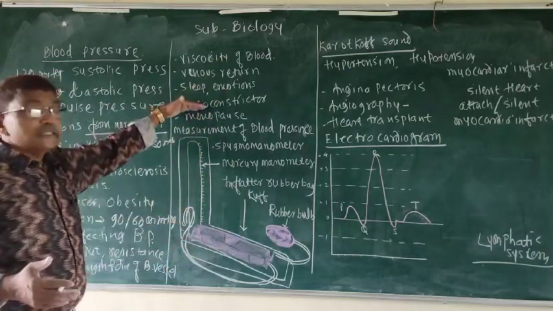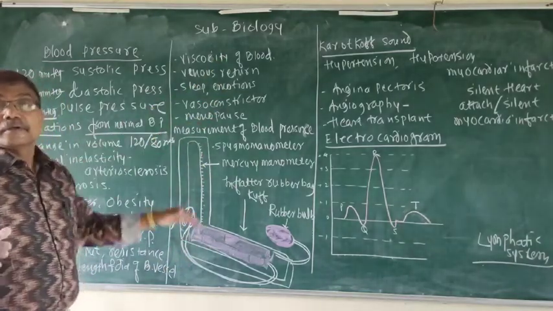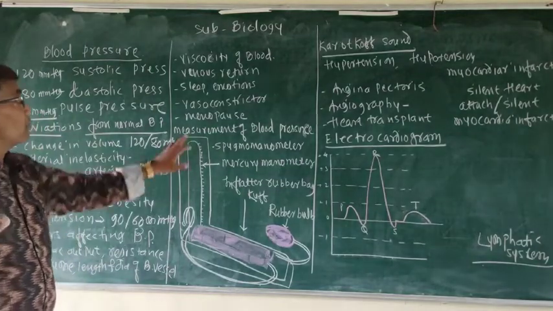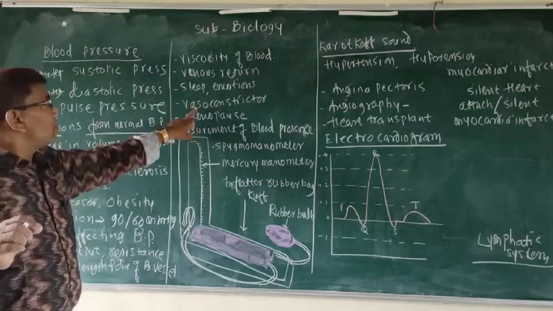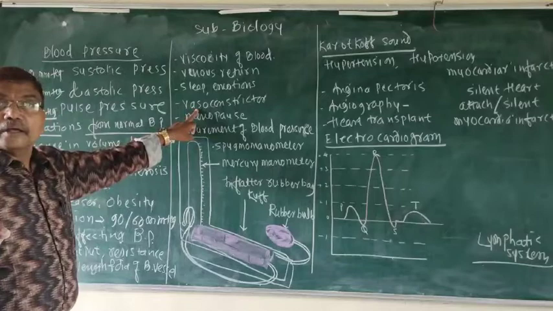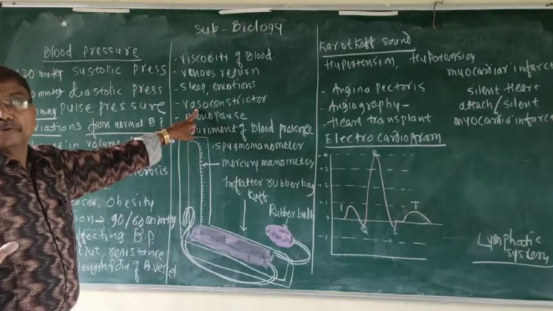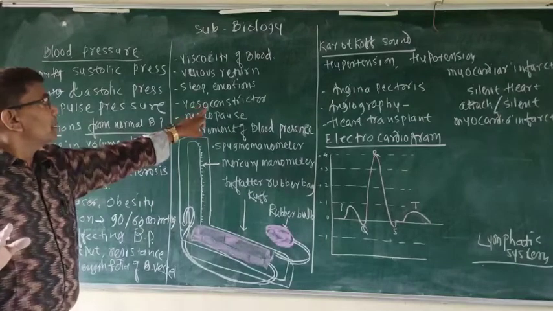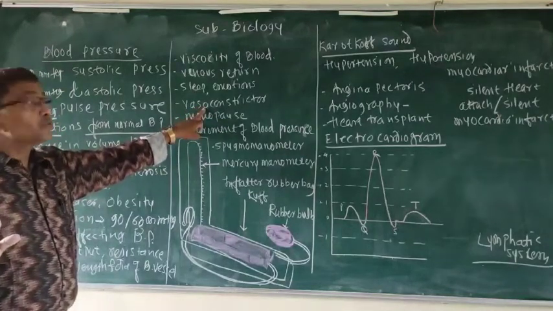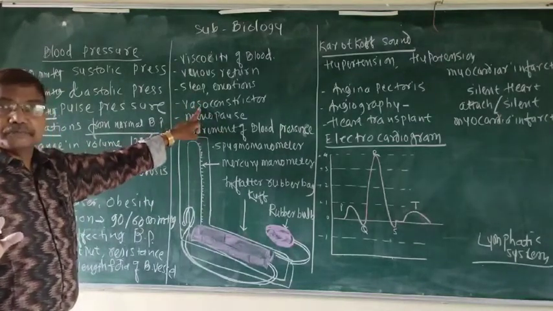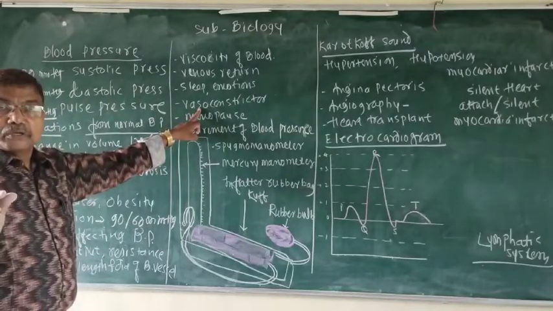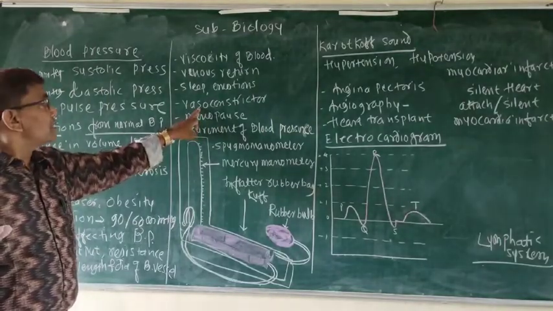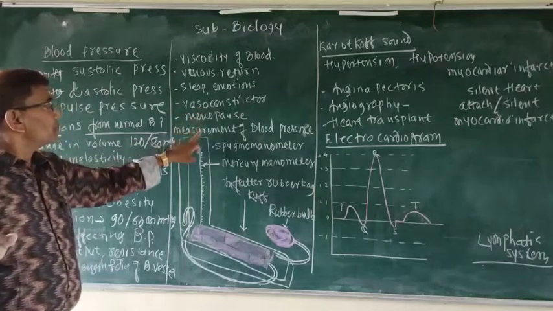There is one more blood pressure increasing component, our hormone called vasopressin. Vasopressin is a vasoconstrictor; due to the reduced blood vessel diameter, there is an increase in blood pressure.